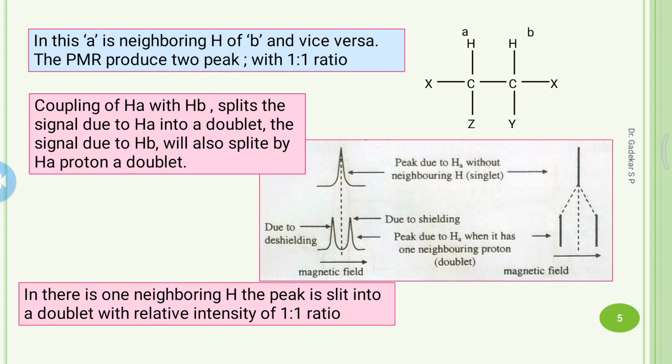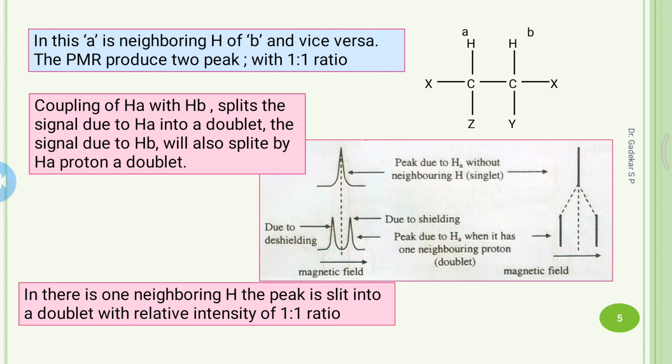So next example: this is an example of one neighboring proton present in the molecule. A interacts with B. In this, A is the neighboring proton of B and vice versa, B is the neighboring proton of A. The PMR produces two peaks with a 1:1 ratio because one proton is the neighbor.